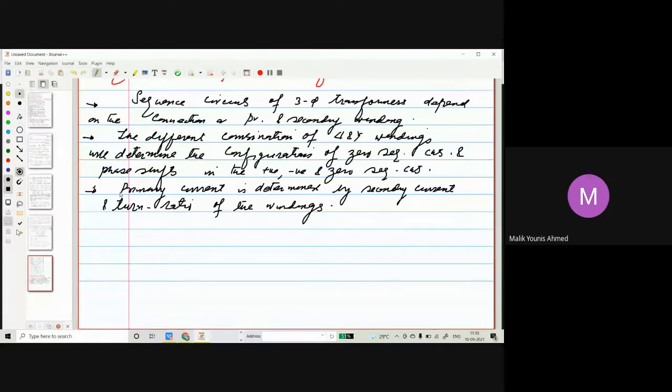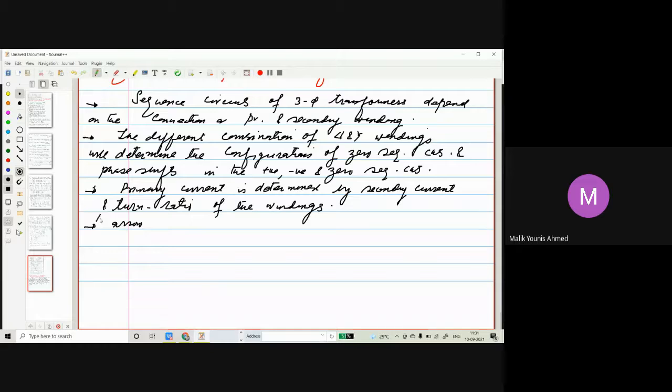Now if I talk about the arrow, the arrow on the connection diagram which I will be drawing will indicate the possible paths of the flow of zero sequence currents.